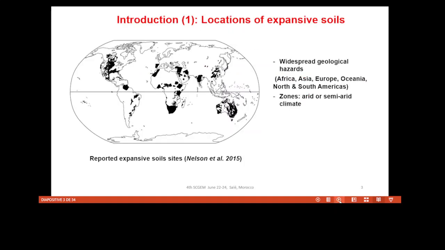As introduction, in this slide we see the location of expansive soils. As we can see on the world map, expansive soils are a widespread geological hazard. All the black zones, areas, correspond to the existence of expansive soils, as we can see in Africa, Asia, Europe, Oceania, North and South Americas.